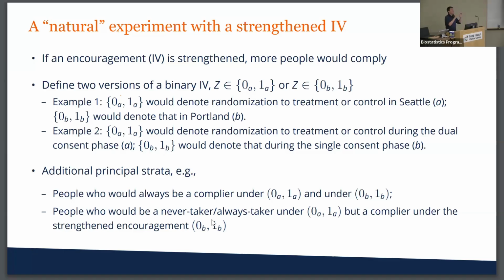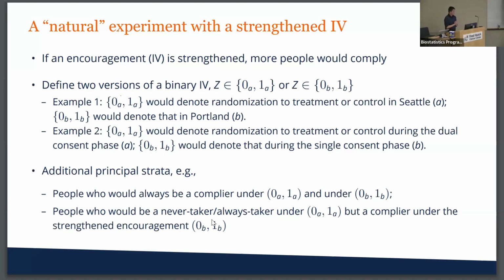Now, let's imagine this person, instead of enrolling before 1997, enrolled in the trial in 1998, and the trial has already switched to a single consent process. Then 0B, 1B would be the randomization to treatment or control, had the person enrolled and been randomized during the single consent phase.